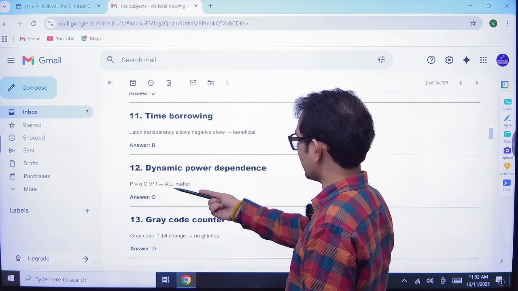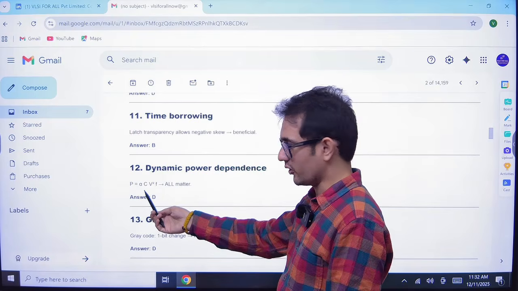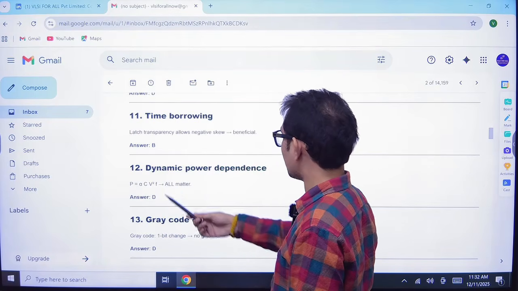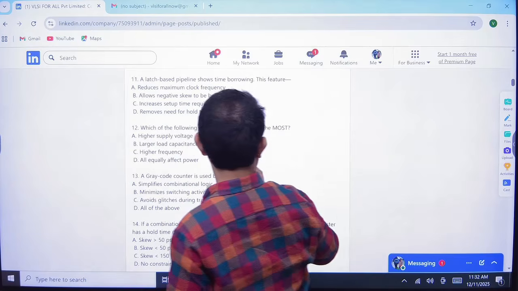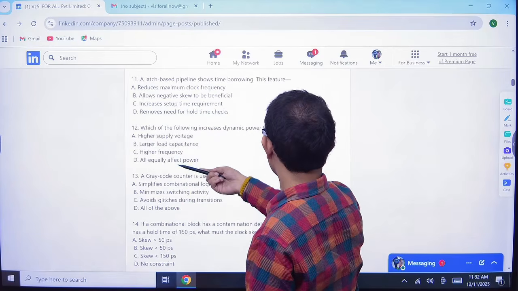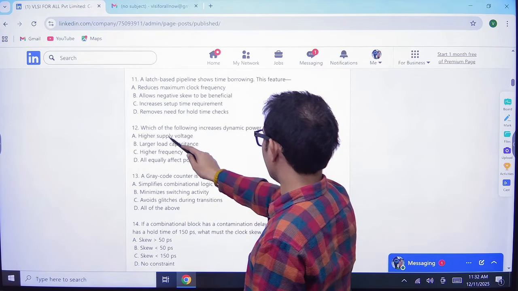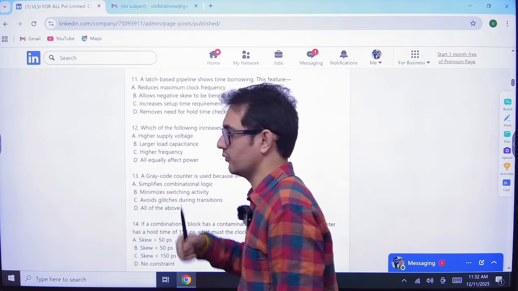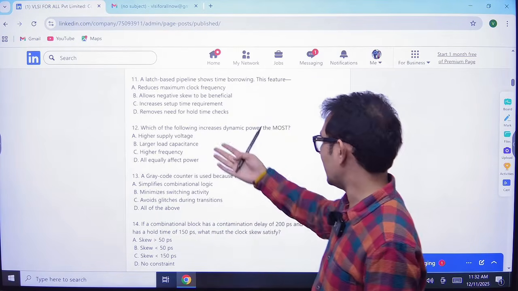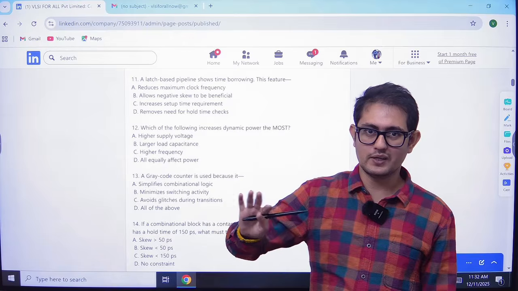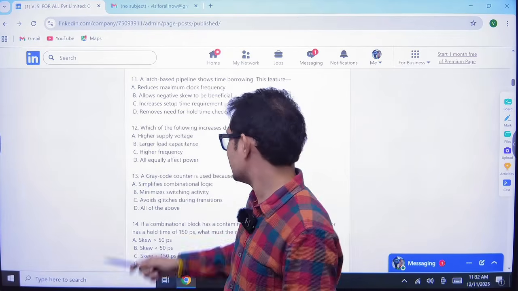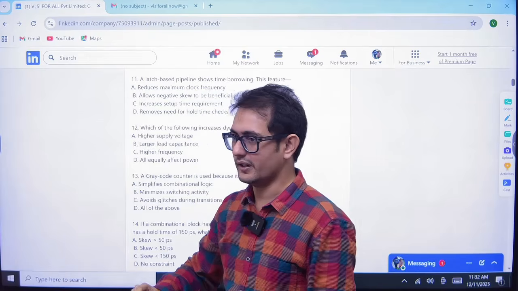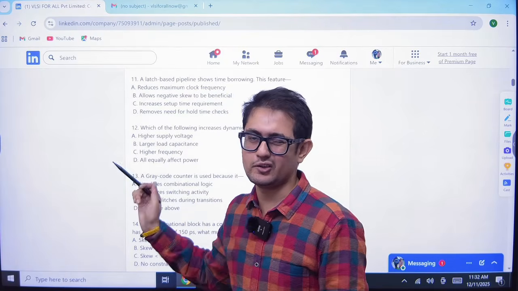You can see the answer from the formula, half CV squared F. The answer should be A, but it has not been given that it will increase 2 times, 4 times, like that. You should know the concept, that is important. So according to me the answer is A. In the exam time they will give the values also, so don't worry.